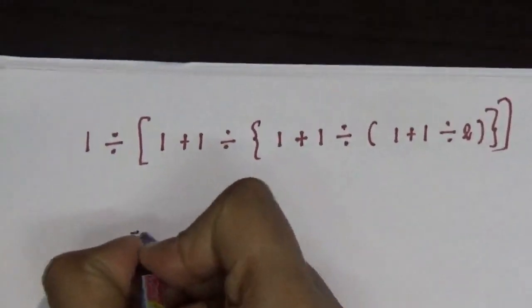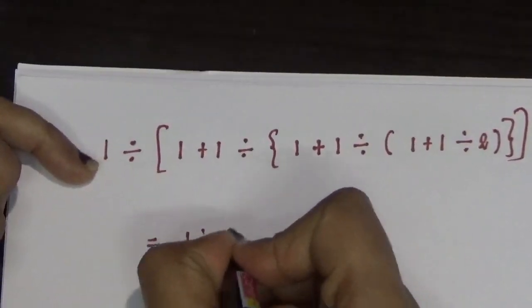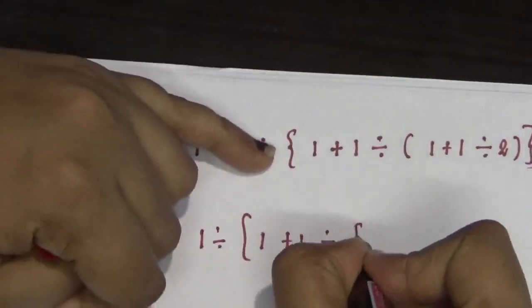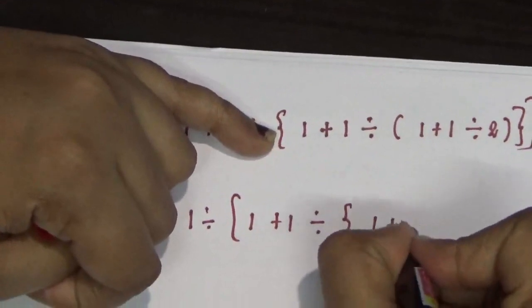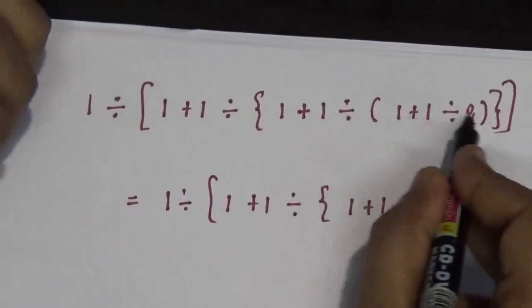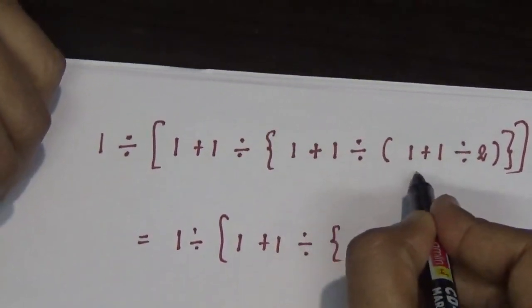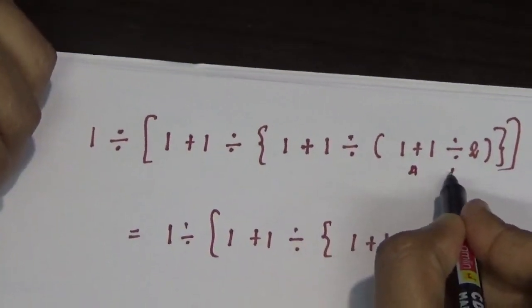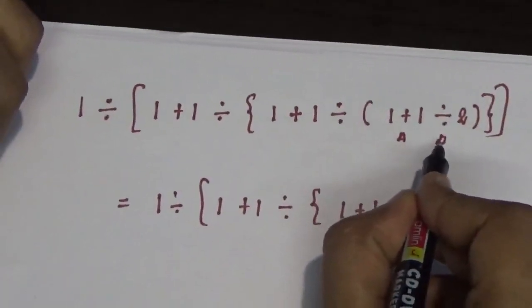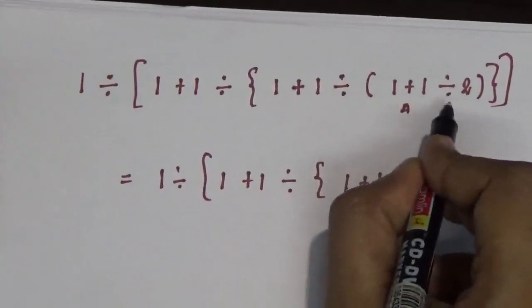So this is equal to 1 divided by this 1 plus 1 divided by this bracket, that is 1 plus 1 divided by. Now we open this bracket. In this bracket there are 2 operations: one is addition, the other is division. We know that D comes first in the word BODMAS, so we use the operation division first.